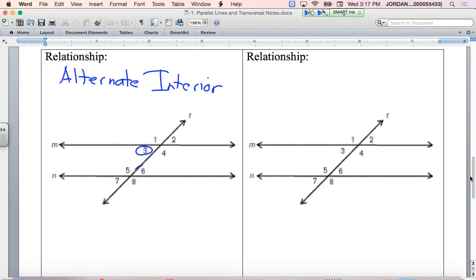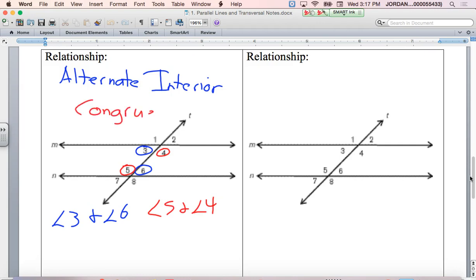So 3 and 6. They're on the interior, but they're on alternate sides of the transversal. And of course the other ones are 5 and 4. So those are your pairs of alternate interior angles, and alternate interior angles are congruent. Okay, they're always going to be equal to the one that they pair up with.